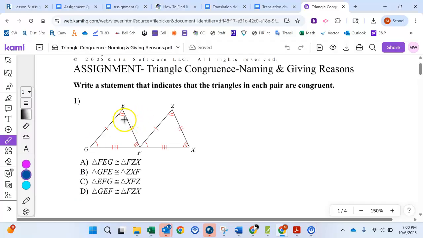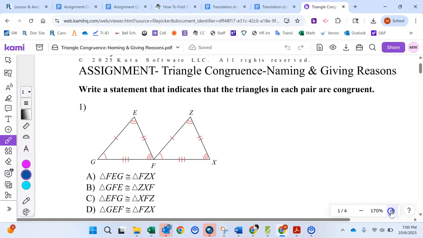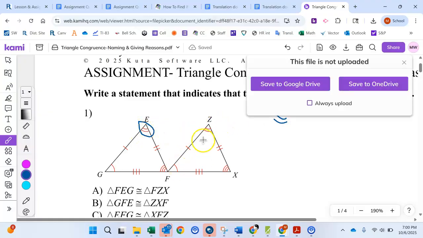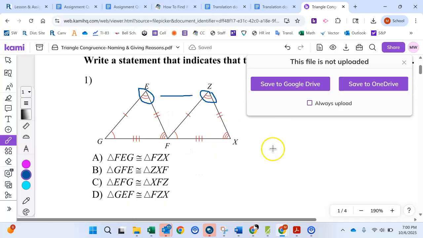We can see that this angle right here has 2 marks, 1, 2. So this angle here is going to be the same as the angle that has 2 over here. So these 2 are the same, which means that point and that point are the same.